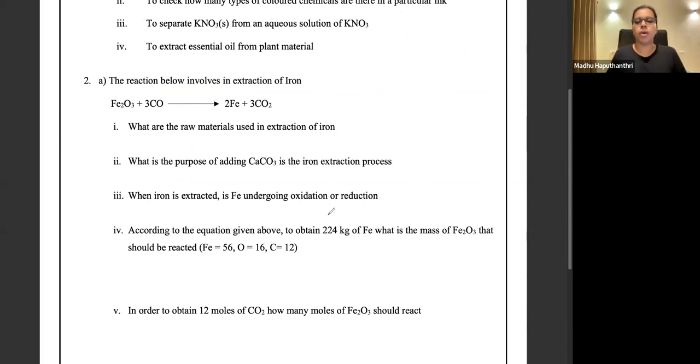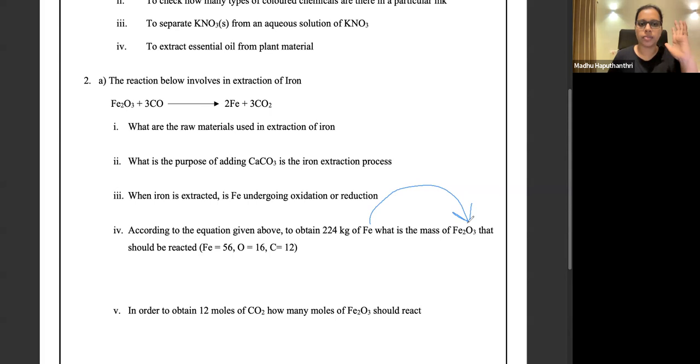According to the equation given above, to obtain 224 kilograms of Fe, what is the mass of Fe2O3 that should be reacted? So we have to connect one element to another. We have to bring a connection between Fe and Fe2O3. So the best way is to travel through the number of moles. That is the best you can do. When you are connecting Fe to Fe2O3, two different things, we cannot directly relate one's mass to another one's mass.